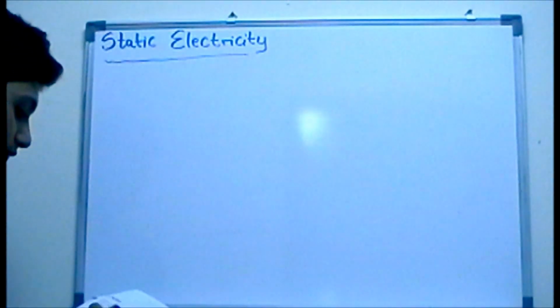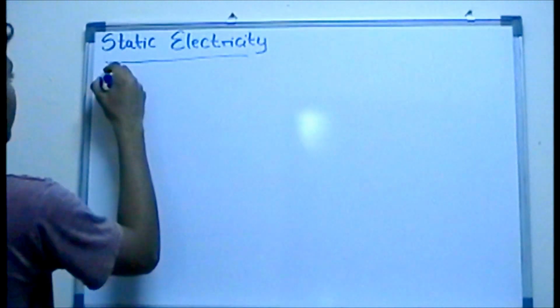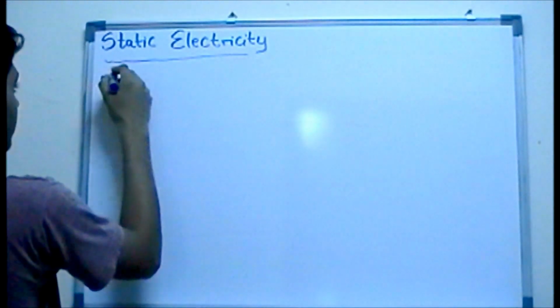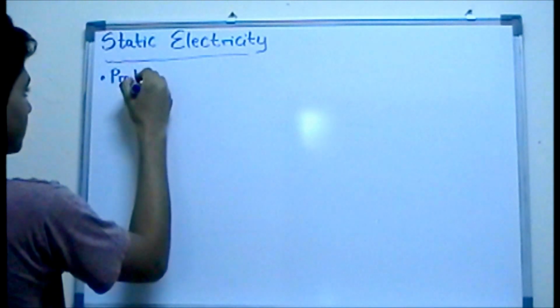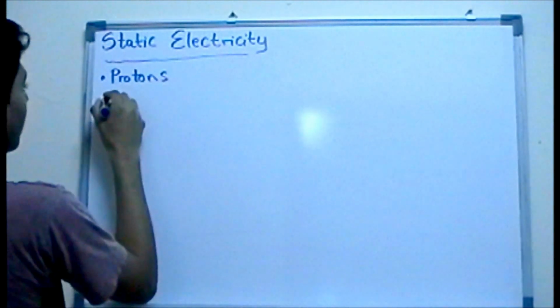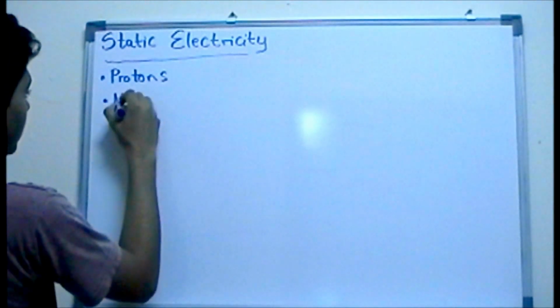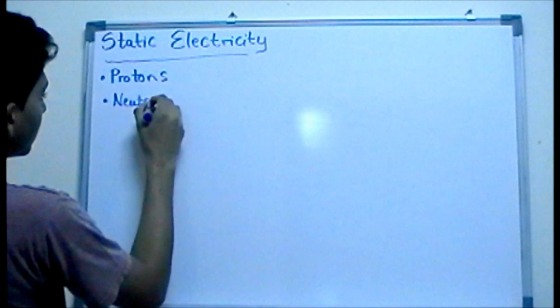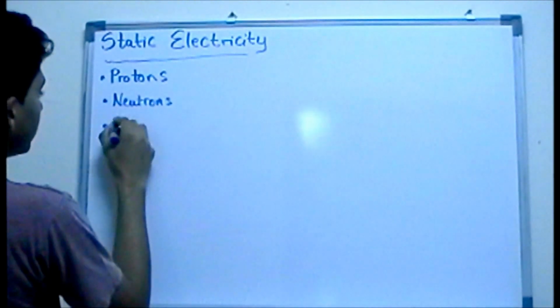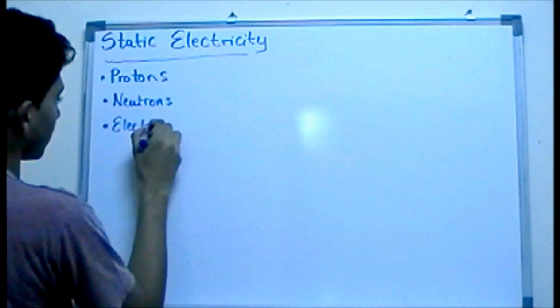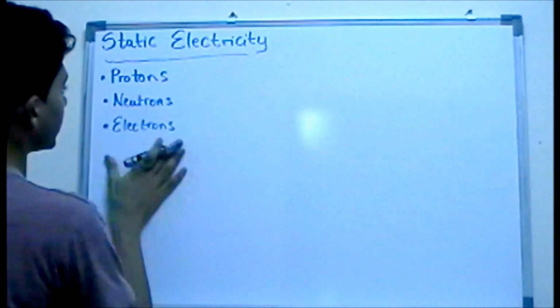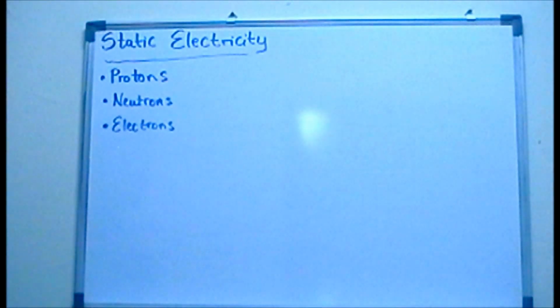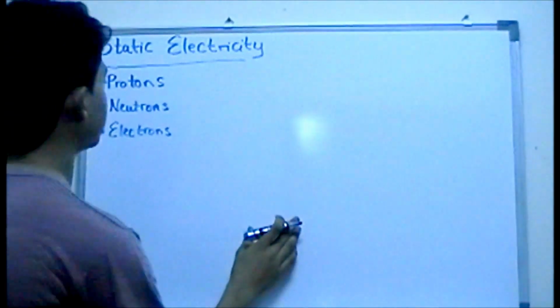There are three particles. The first is protons. The second is neutrons. Third is electrons. These three subatomic particles make up an atom.